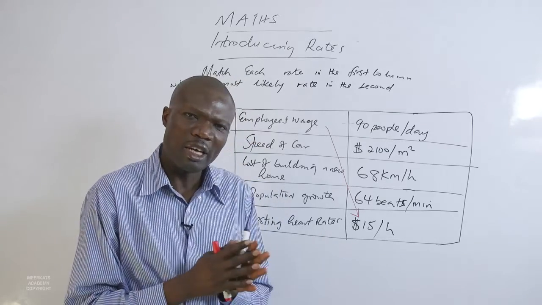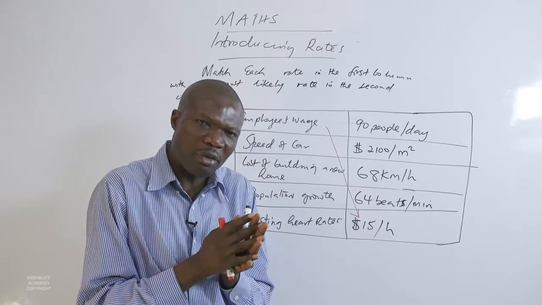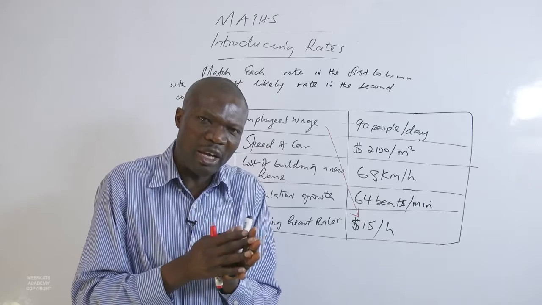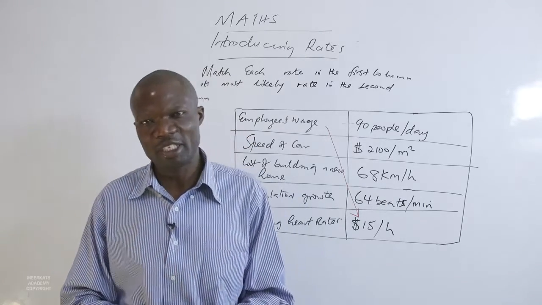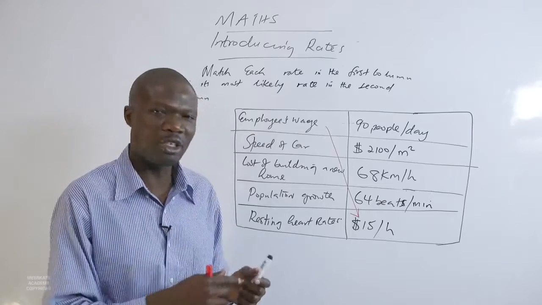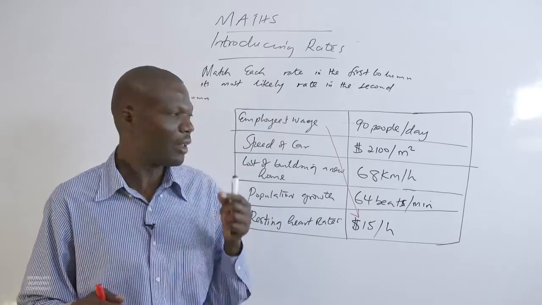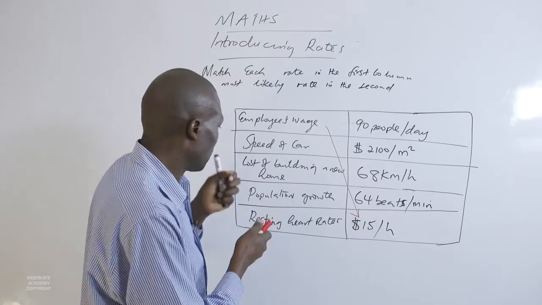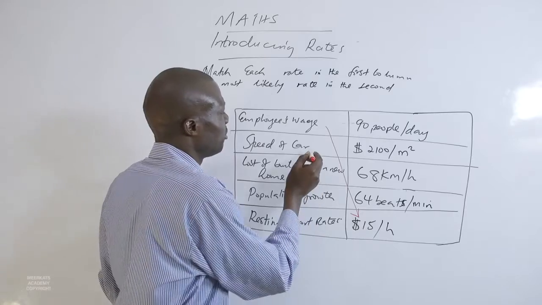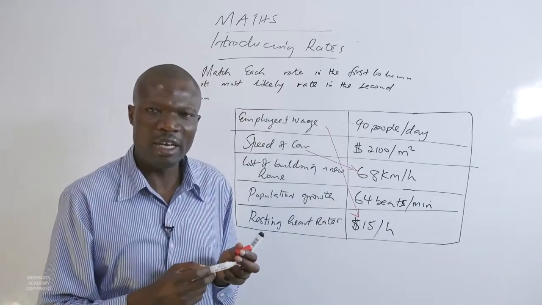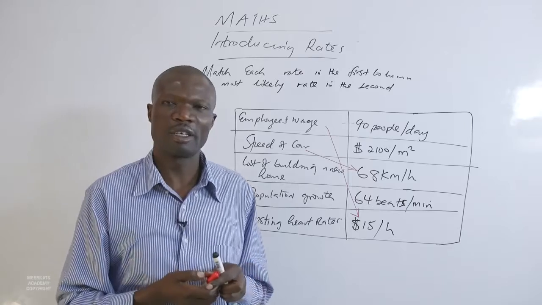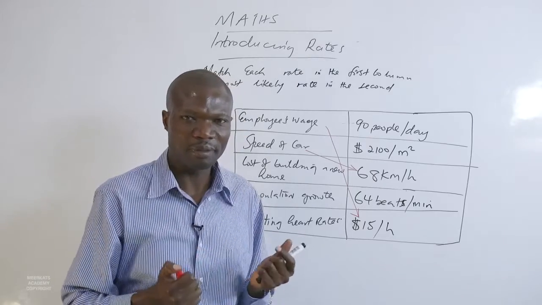For this one here, that speed should be in form of how many kilometers in how many hours. So we are referring to something per hour. So you'll match this speed of a car with 68 kilometers per hour.